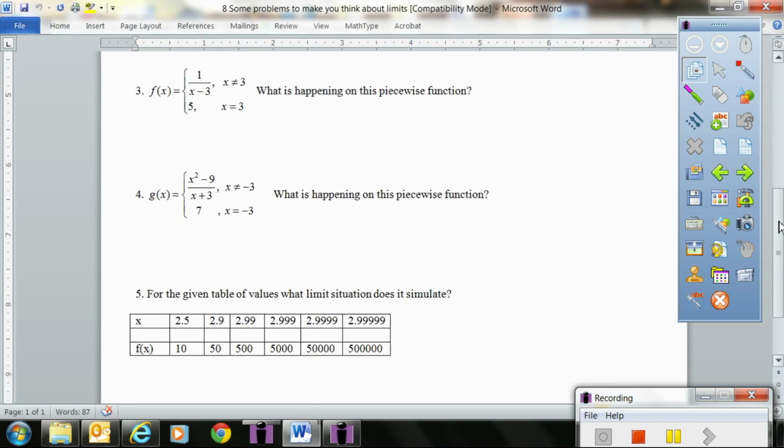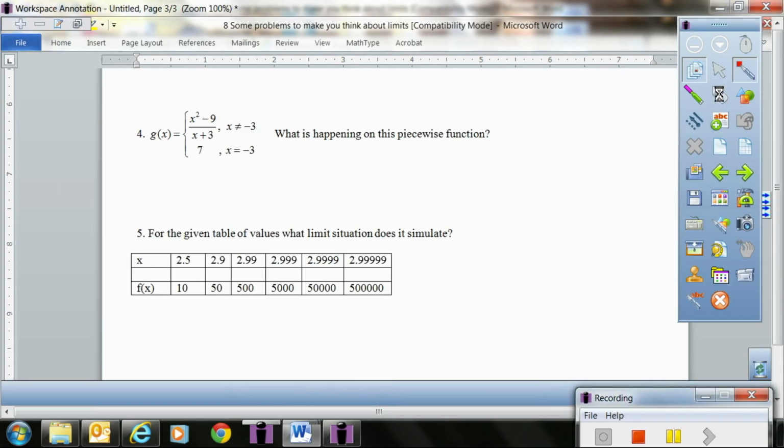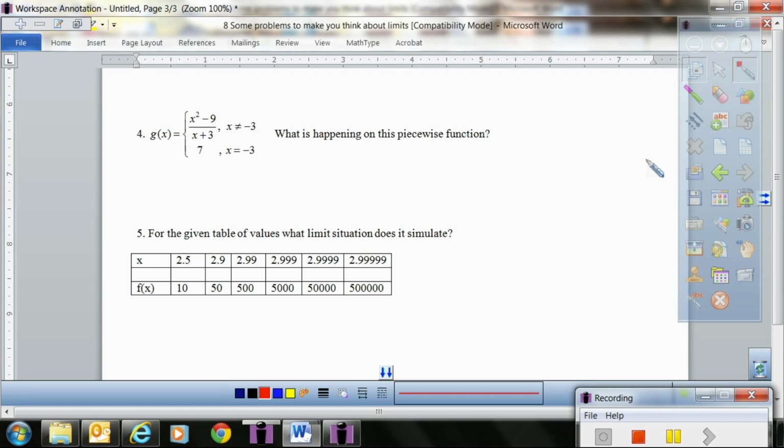And the last little thing we want to talk about is, and I put this question on the test, and we hadn't talked about interpreting this as much, so I want to make sure I talked about it. So it says, for the given table of values, what limit situation does it simulate? So where are your x's going? Your x's are going to 3, and from which direction?